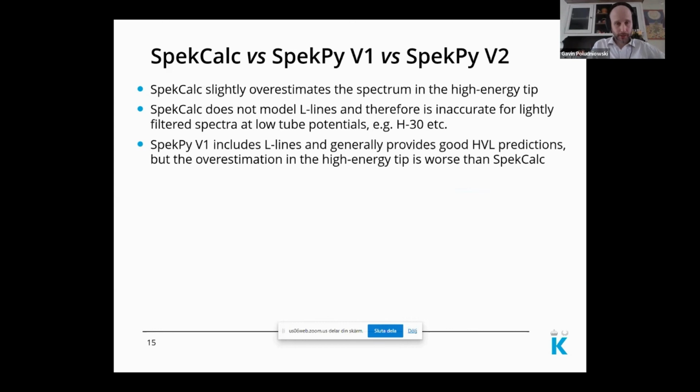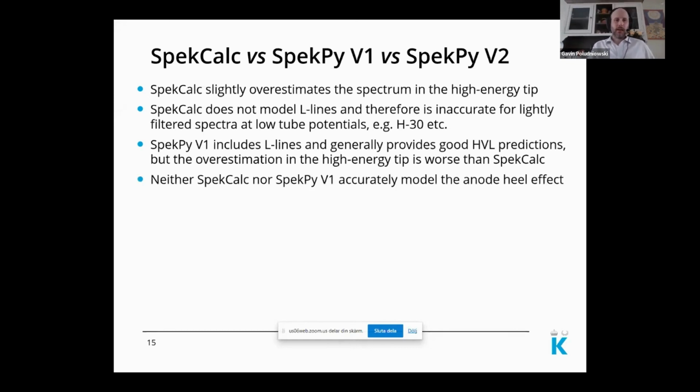SpecPy version 1 includes L lines and generally provides pretty good HVL predictions, but it does overestimate even worse than SpecCalc in the high energy tip, and that's due to how we improved a theoretical input, but SpecCalc was rather successful because it relied on the cancellation of two errors.